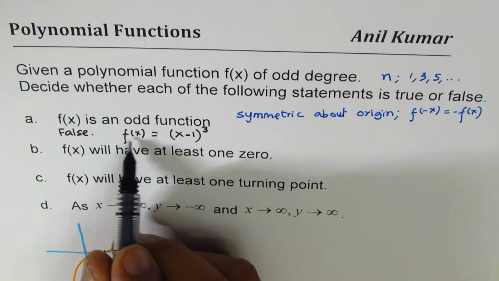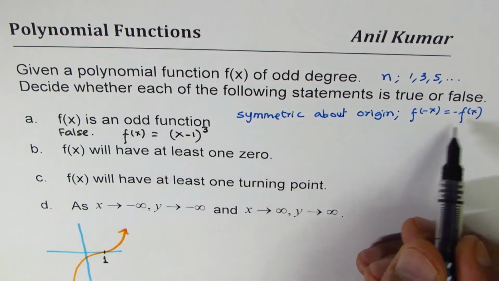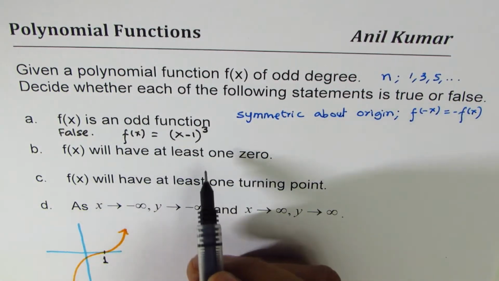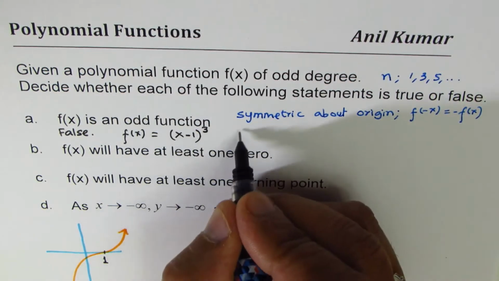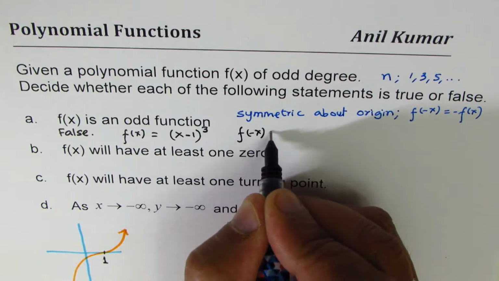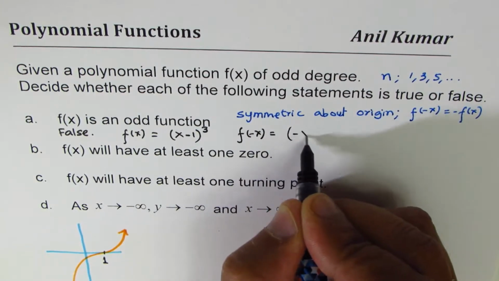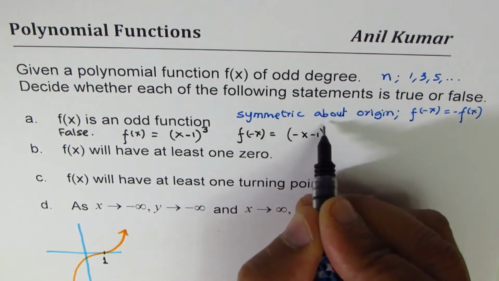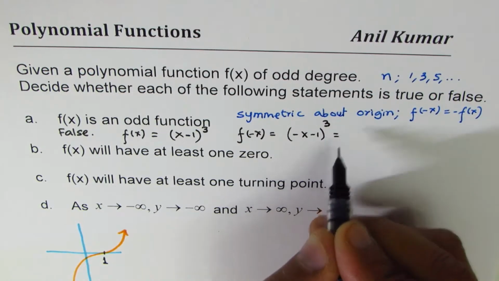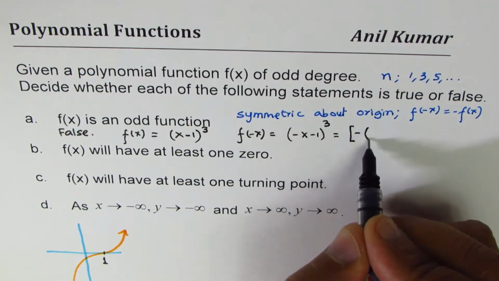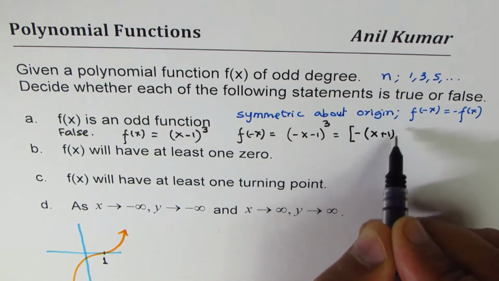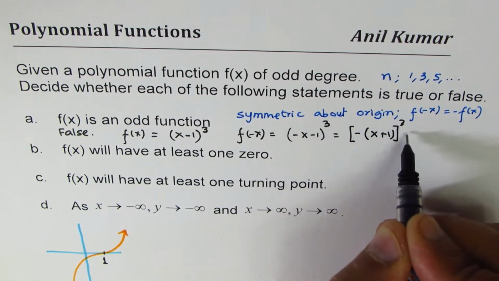Let's try to find what f of minus x is, just to prove algebraically also that this function is not an odd function. f of minus x will be minus x minus 1 whole cube, which means I could take minus common, so we get minus of x plus 1 whole cube.